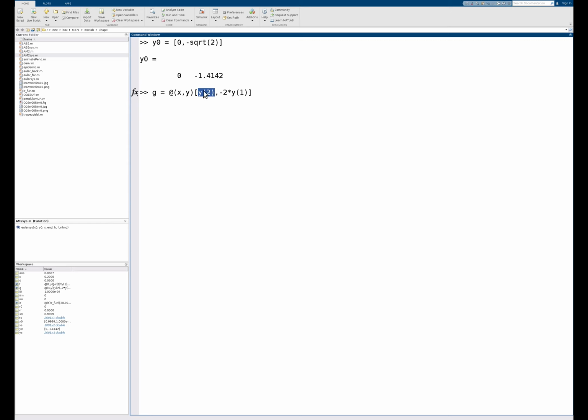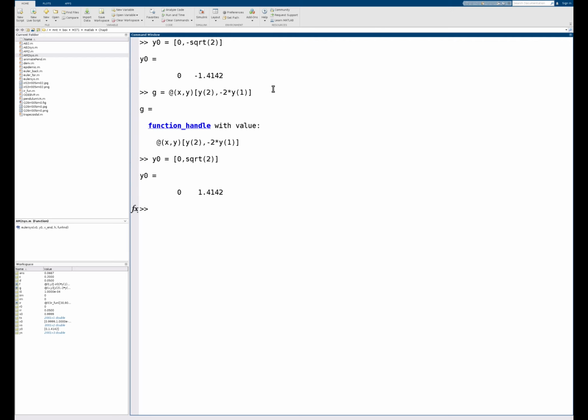That is u, right? u simply represents the first derivative of z. But the derivative of u will be equal to minus 2 times the first entry in y, which is just the z value. Okay? Oh, by the way, I don't think I wanted that negative here. Let me get rid of that.